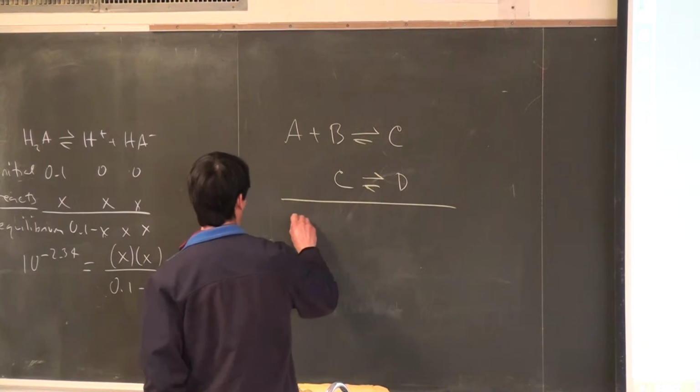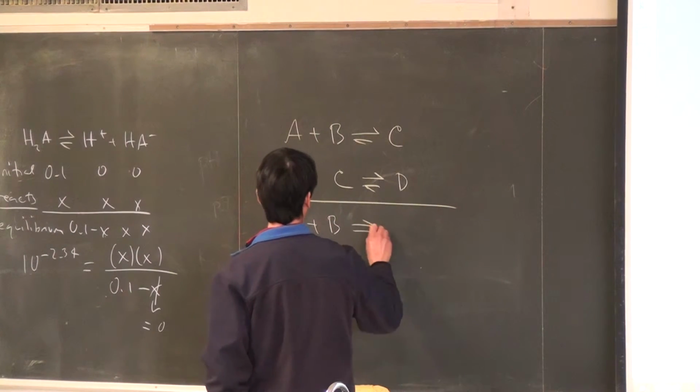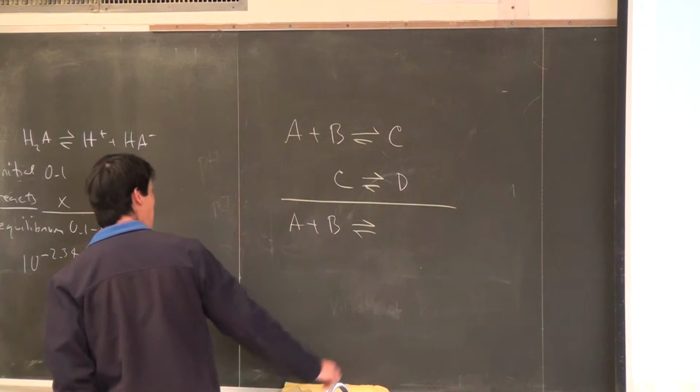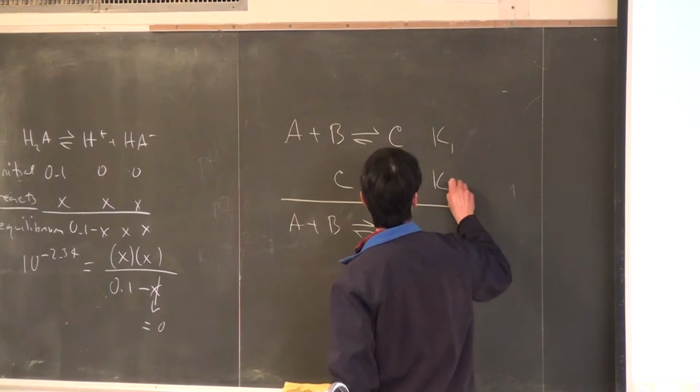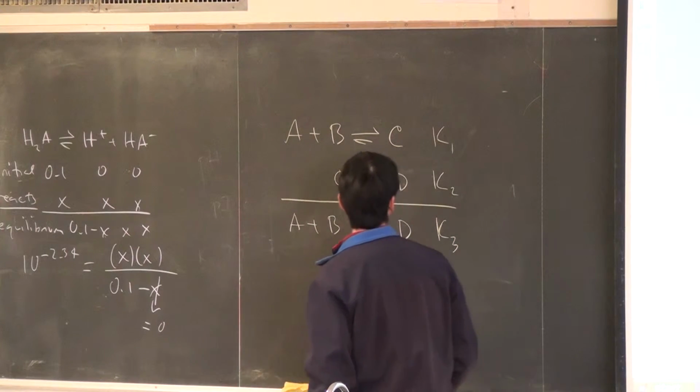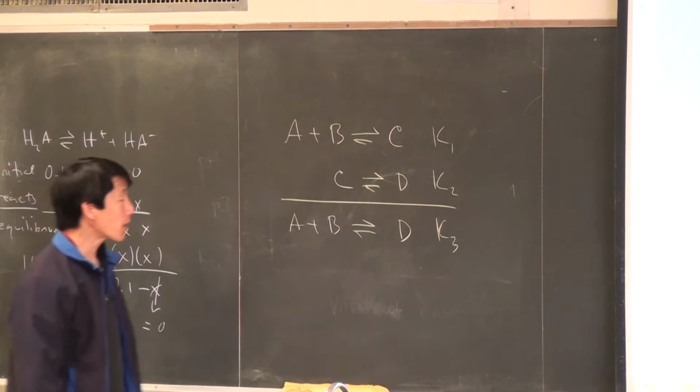Yeah, so we have A plus B going to D. Okay, so if we call these K1 and K2, and we call this K3, how is K3 related to K1 and K2?